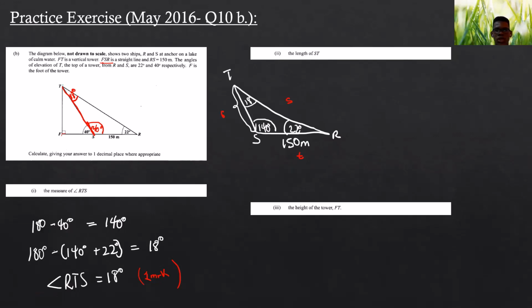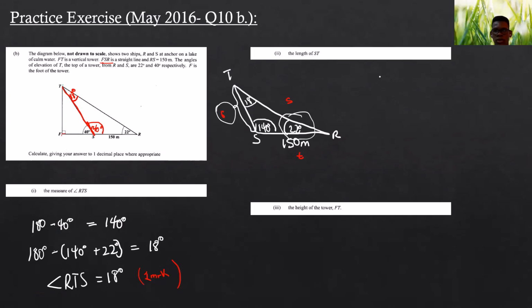And we know that sine rule says that the length over sine the angle opposite that side is equal to the ratio of any other side divided by sine the angle opposite that side as well. So we want to know this side. So the pair that we're looking at is this side, and the angle opposite this side, which is angle R, or angle SRT, whichever you prefer to say it.